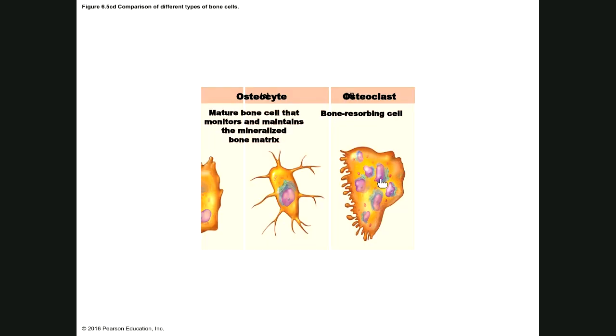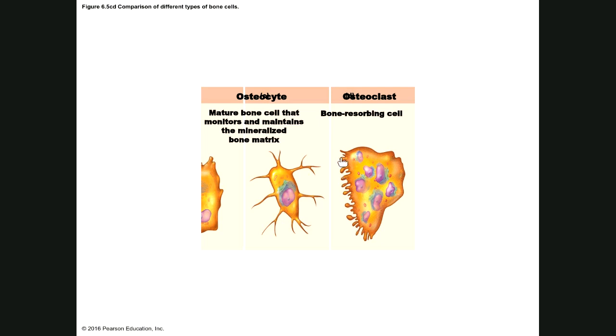All right, so here's an osteoclast on the right here. And so notice we have this ruffled border. They look kind of like microvilli, don't they? That's because they have a similar function to microvilli. These are not microvilli. This is called the ruffled border of the osteoclast. But you can relate these functionally to microvilli, okay?